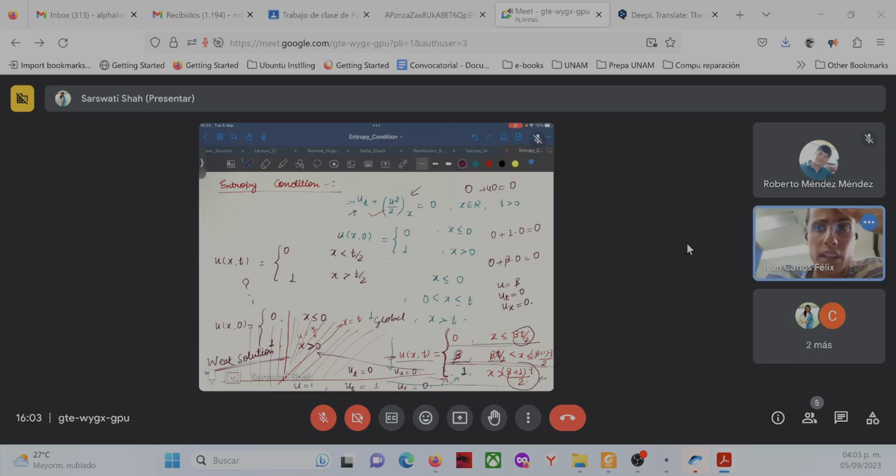I think that yes, because it satisfies the PDE. It's piecewise continuous. So is it a weak solution or not? Yes, yes.